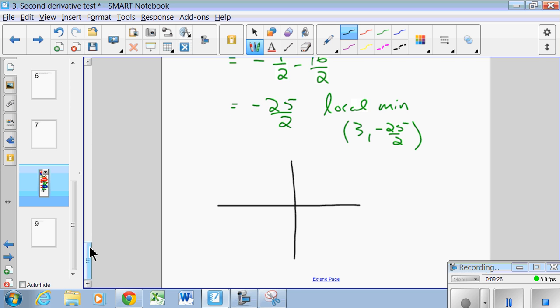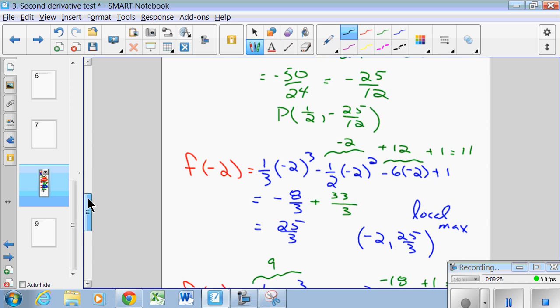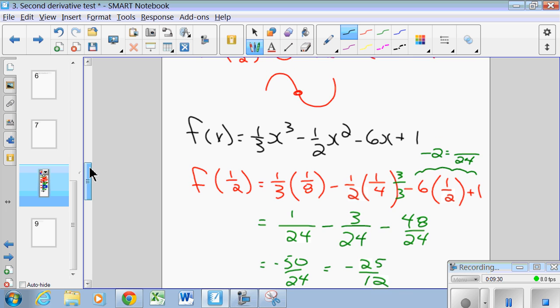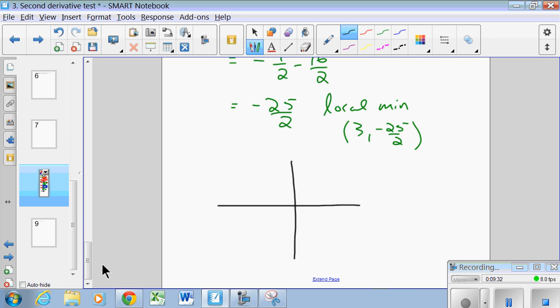So the right side of the y-axis is the minimum. Something else you'll look at is you have a point on the y-axis at 1. You've got a minimum over here, and you've got a maximum over here, and somewhere at 1/2 you have a point of inflection. So there's another point here. So we want to just make all these things kind of go together. And that would be your sketch.